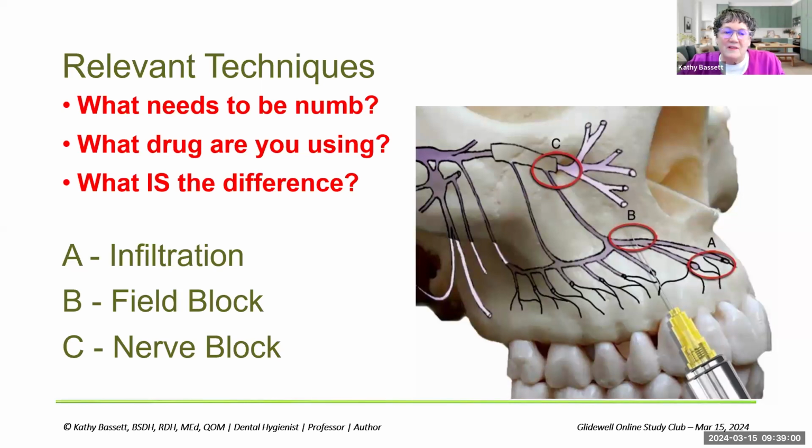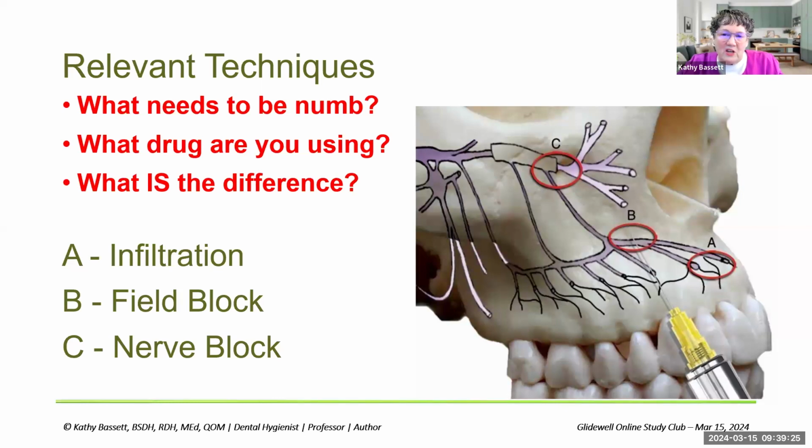And what's the difference in these injections? We're discovering that with the use of articaine, we can be more efficient with infiltration anesthesia because of its diffusion, and the lipophilic properties of articaine allow us to work in these discrete areas and really get profound anesthesia. That's changing the way we look at a lot of our anesthesia treatment plans.